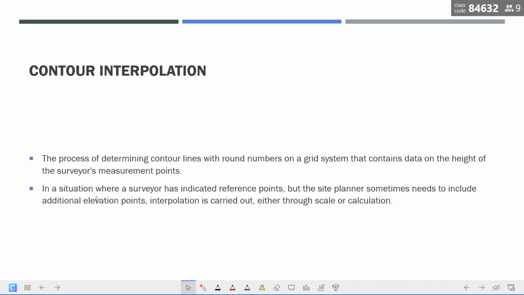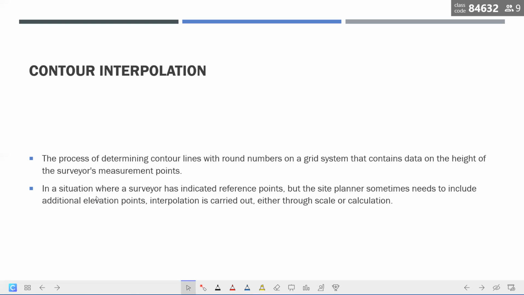Now, another term that you might come across when you're composing a contour map is contour interpolation. This is the process of determining contour lines with round numbers on a grid system containing data on the height or elevation of the surveyor's measurement points.